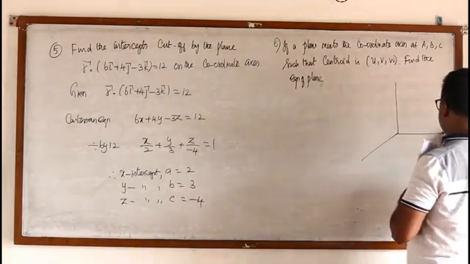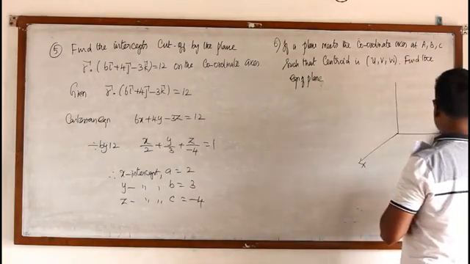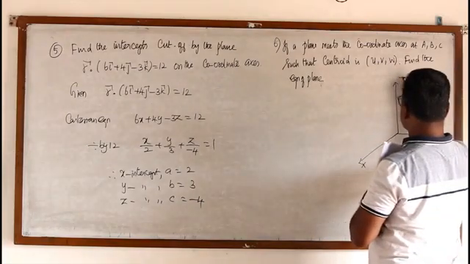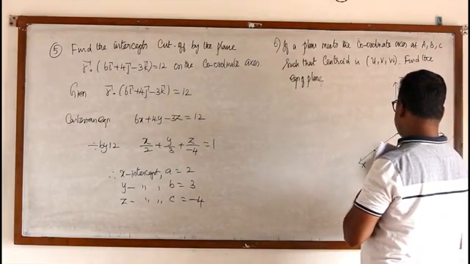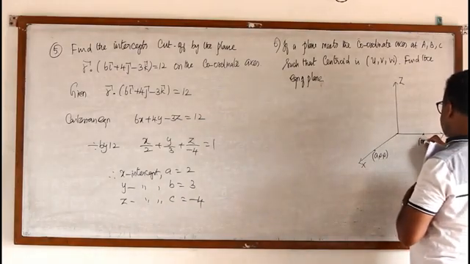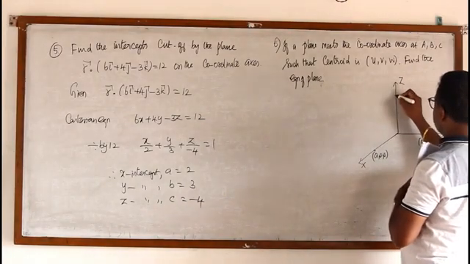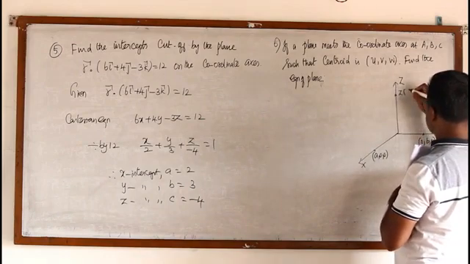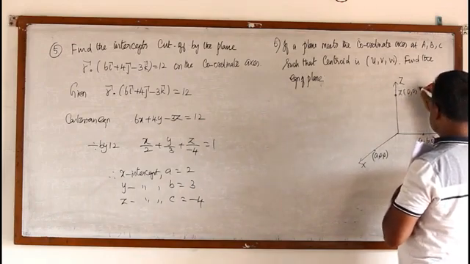So, I have x-axis, y-axis, z-axis. Then the point on x-axis is a, 0, 0. Point on y-axis is 0, b, 0. Point on z-axis is 0, 0, c.